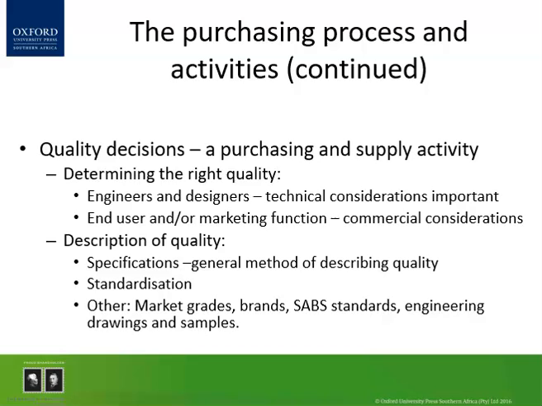There are technical considerations that ought to be taken note of, which sometimes come from engineers and designers in the organization. Then there are also commercial considerations, which normally come from end users or from the marketing function. By end users, we mean the function or department in the organization that will use the materials that we have ordered.